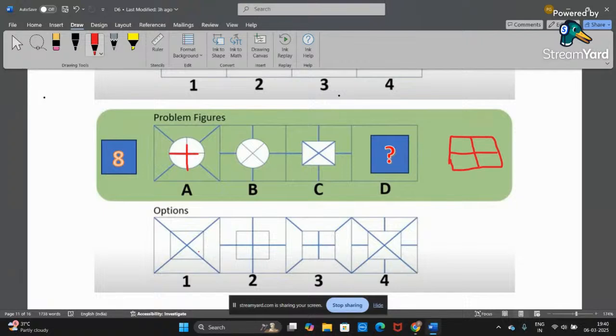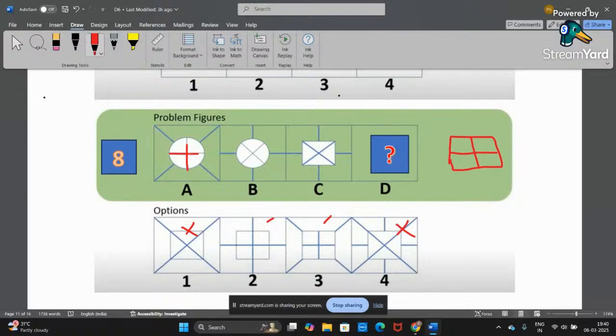So in this, which will be the option? This will not be the option. Even this will not be the option. So we have to check with 2 and 3. Then we'll check with the border. Here, they have a diagonal line between two lines of a circle, right?